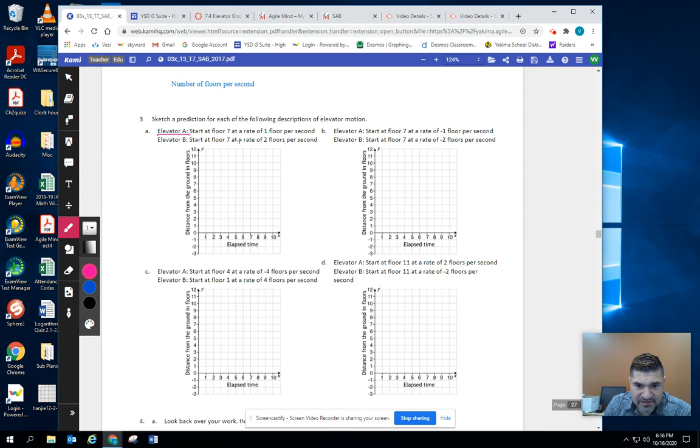Elevator A starts at 4:07. So here's the start, because here's the seconds, and here's 0 seconds. The very start starts at 4:07, so we're going to make a mark there, and a rate of 1 floor per second. Notice it's a positive here. We're going to go up 1 per second, so it's going to look like this.